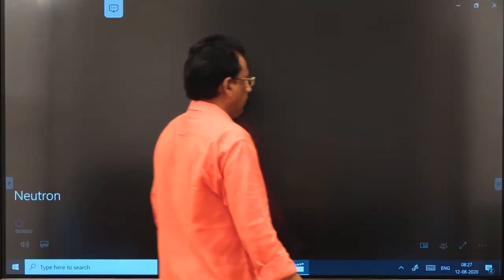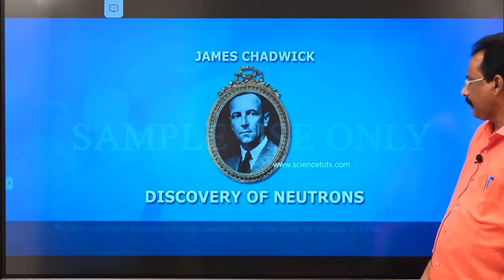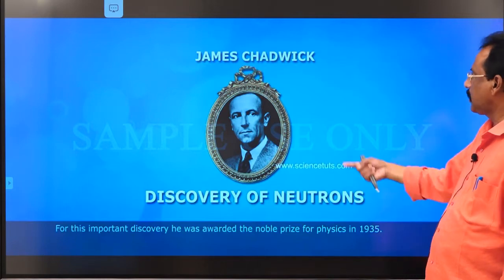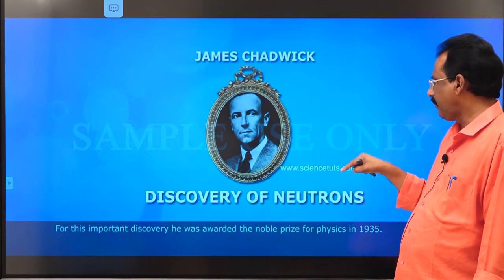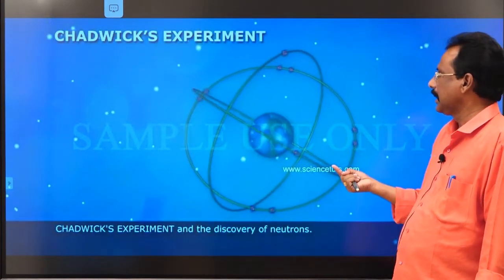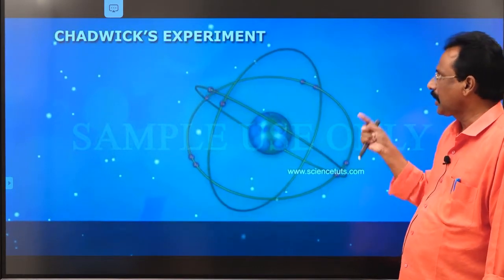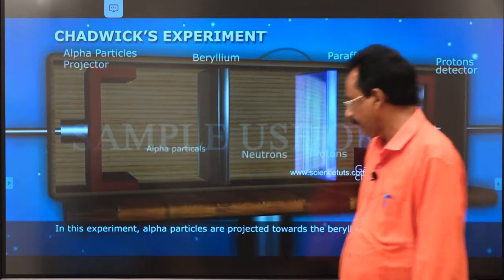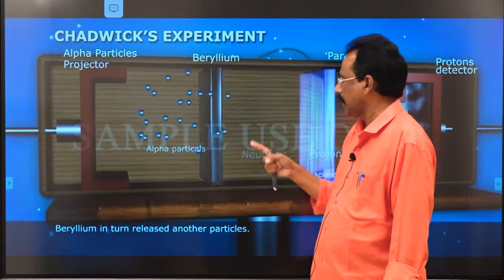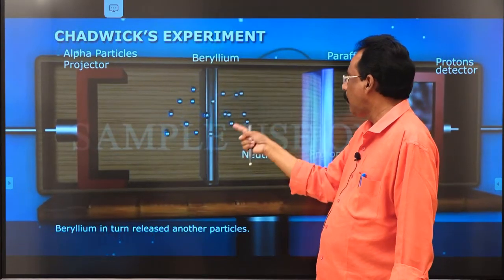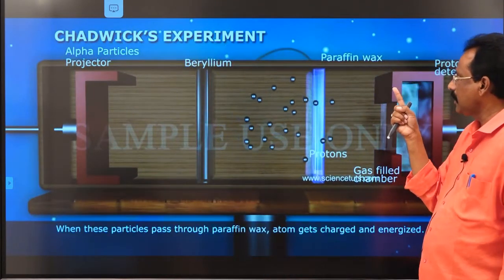See this video also. This is a very nice video. This is the photograph of James Chadwick. He discovered the third fundamental particle, neutron. This discovery became too difficult because neutron is a neutrally charged particle. According to him, alpha particles, 2He4, are bombarded on beryllium. Beryllium atomic number is 4, mass number is 9.